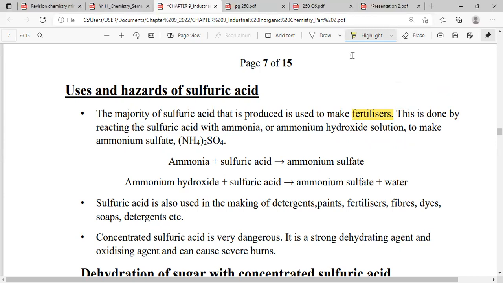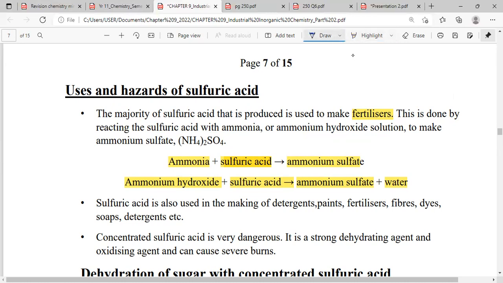Ammonia, when it reacts with sulfuric acid, forms ammonium sulfate. Ammonium hydroxide, when it reacts with sulfuric acid, forms ammonium sulfate and water. So you see one of the products is ammonium sulfate in both cases, but just be careful.